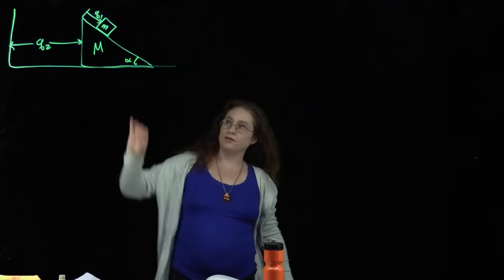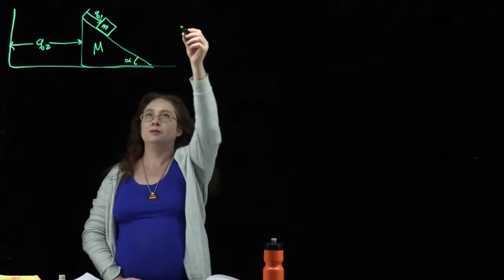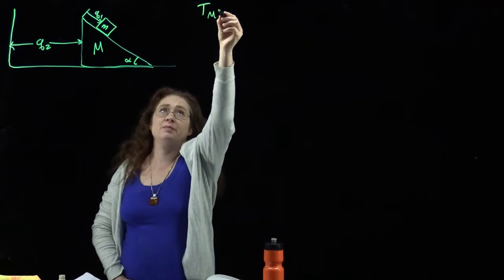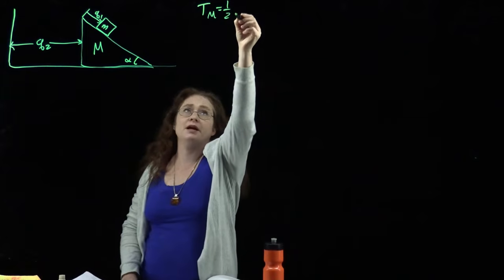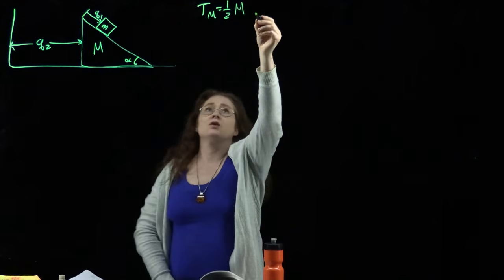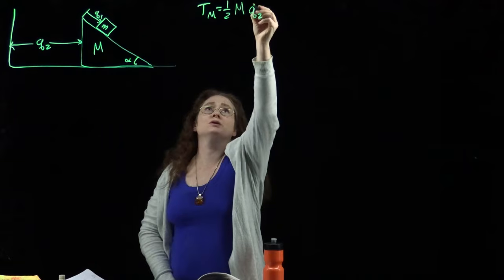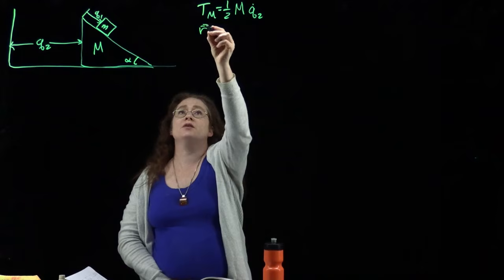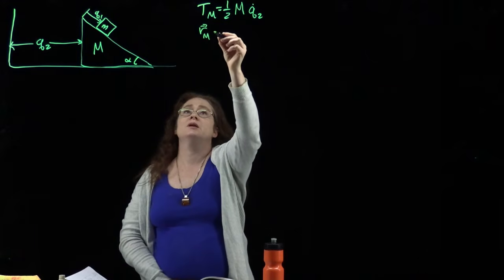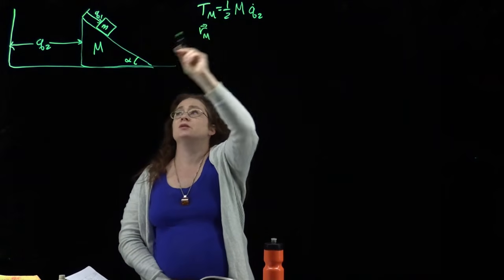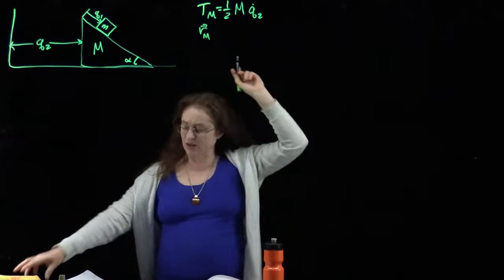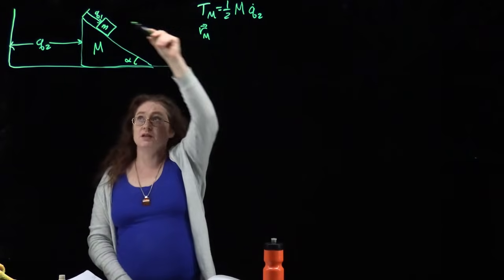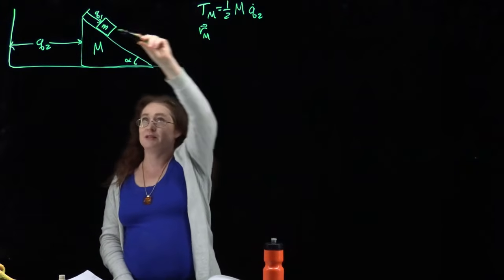So first of all, the kinetic energy of the big mass is easy. That is 1/2 M q2 dot squared. And then the velocity of the little mass m is going to be the velocity here plus the velocity there.